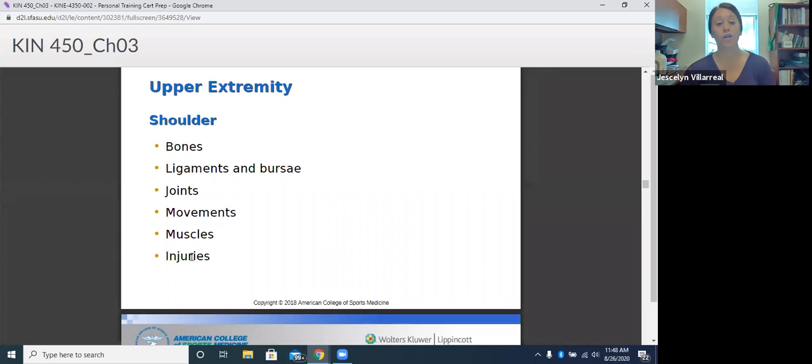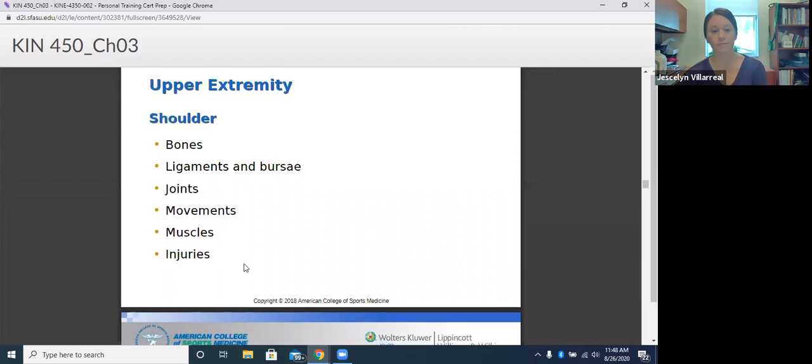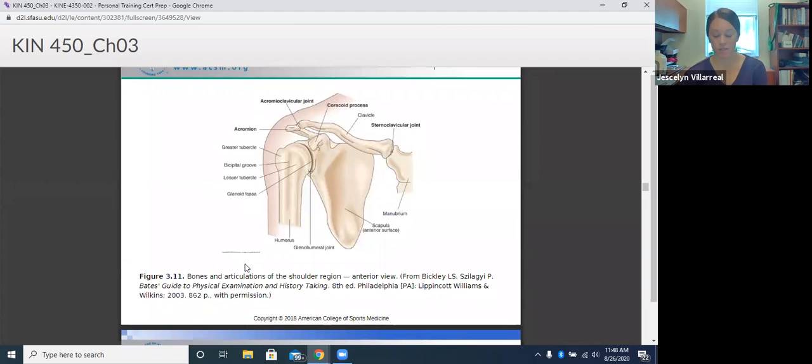The shoulder is more likely to be injured than the hip because of its low stability and high mobility. Here are the bones of your shoulder. Know the humerus here, then you have the scapula in the back, and then your clavicle.